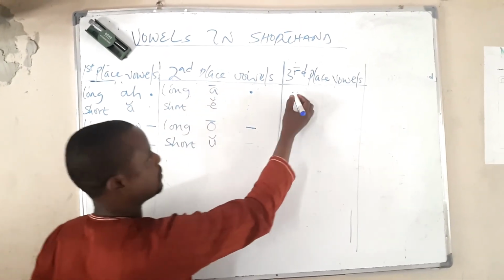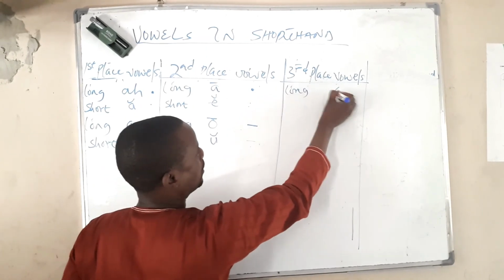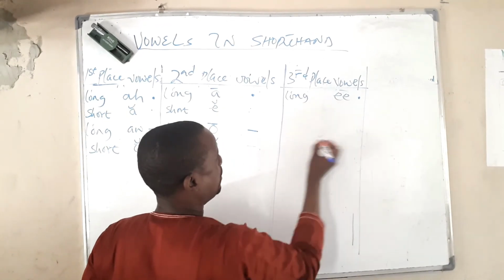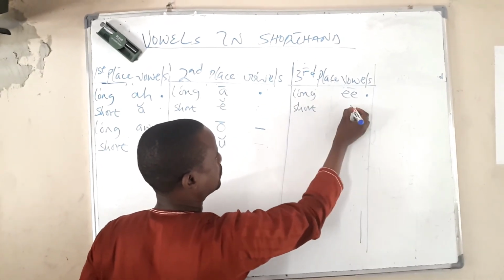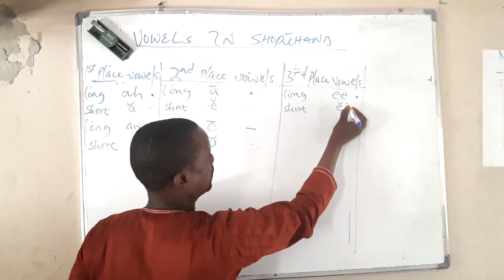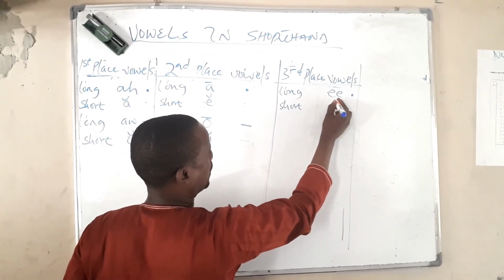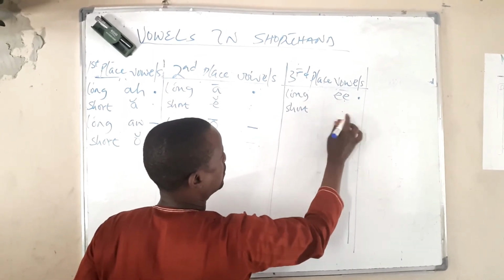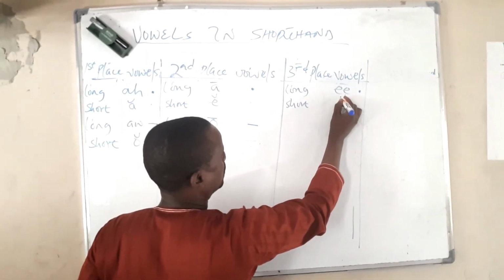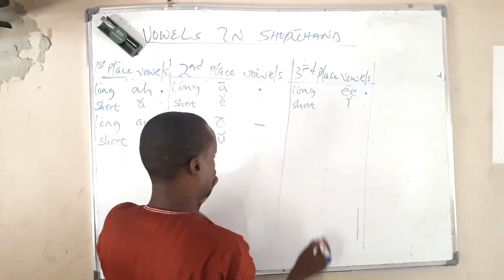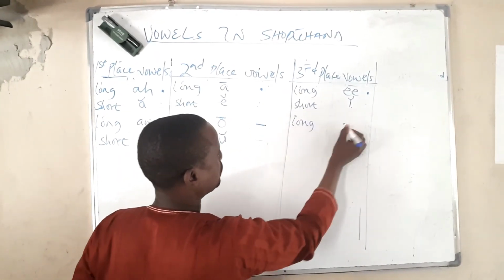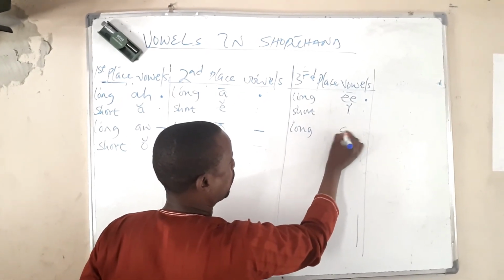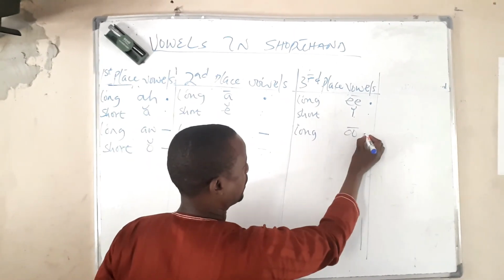The same thing with third place vowels: we have long E, which is represented by a heavy dot. Then we have short E, which is represented by a light dot. Then we have long U, which is represented by a heavy dash.